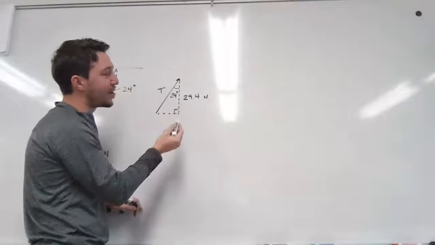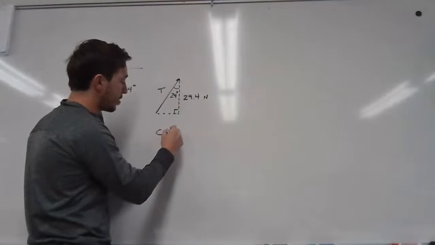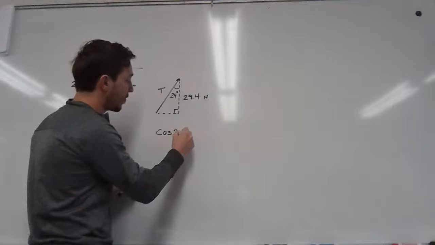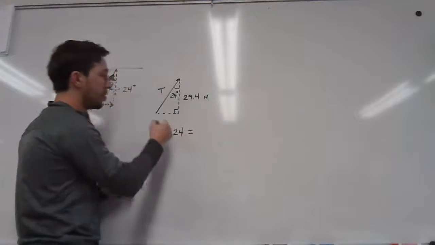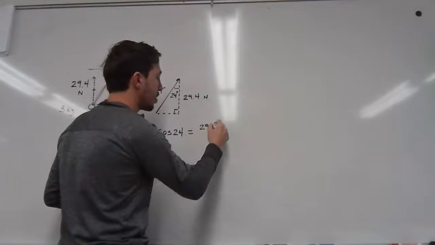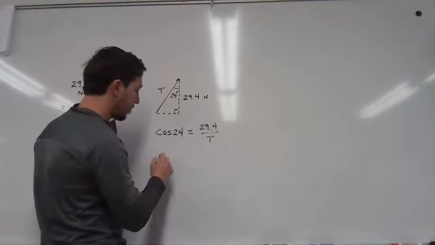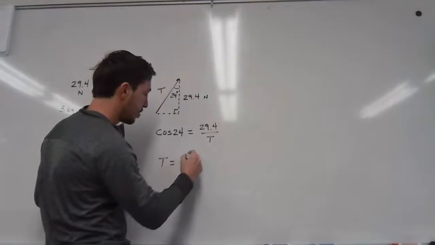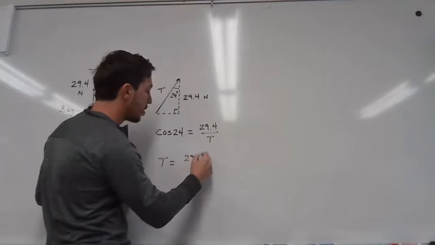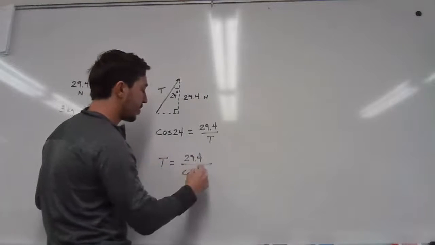Keep it simple, guys. SOHCAHTOA. Yes, the cosine of 24 would be adjacent over hypotenuse. Like that. So if you solve for tension, is everyone okay with the algebra step of going from here to here?